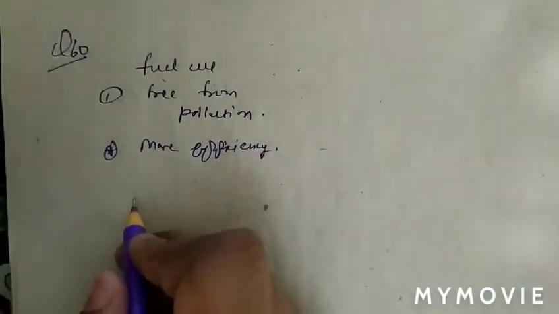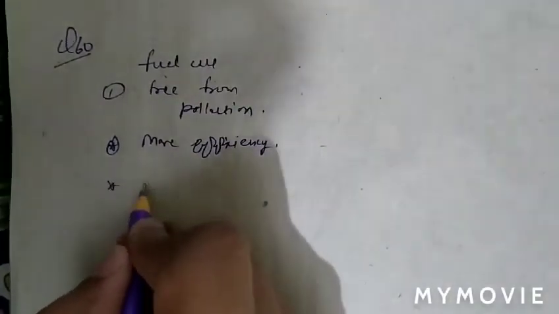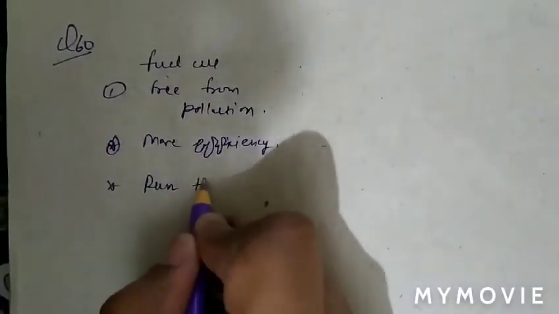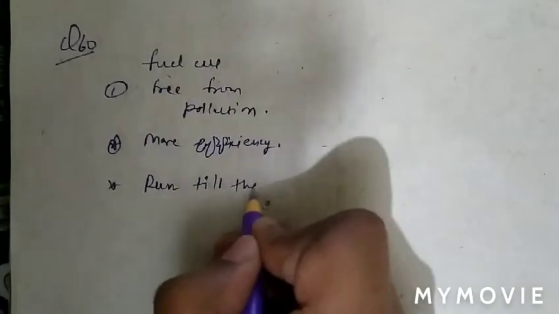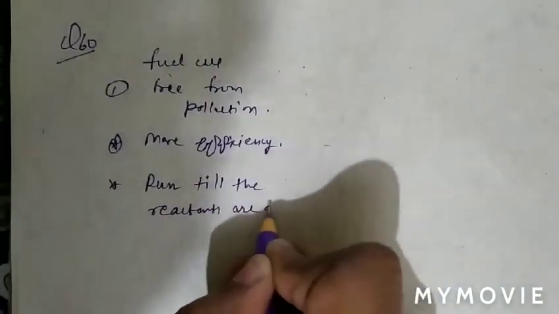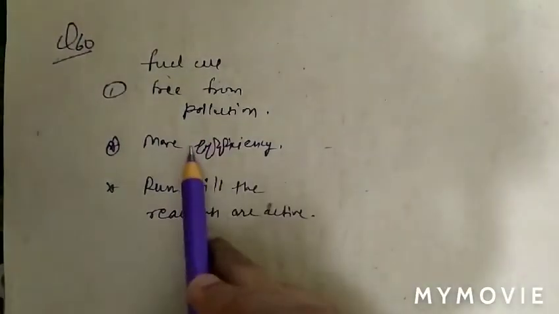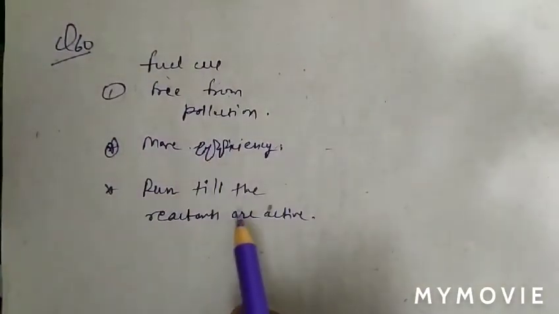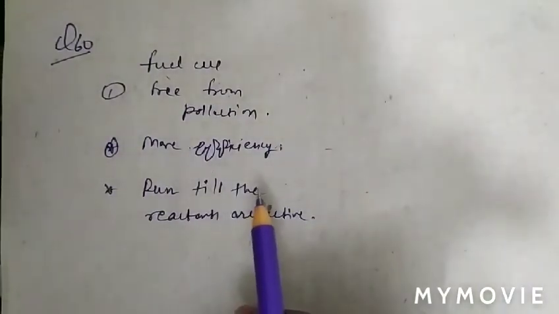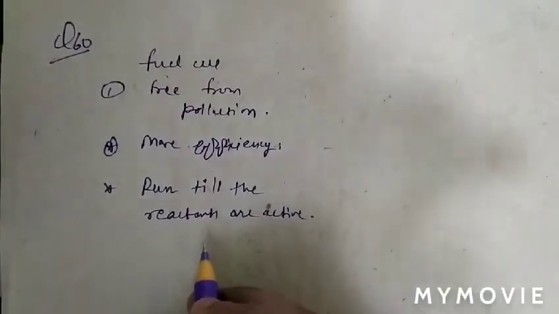Also, a fuel cell runs till the reactants are active. So fuel cell is eco-friendly, more efficient, and runs till the reactants are active in the reaction. So question number 60, all the options are correct.